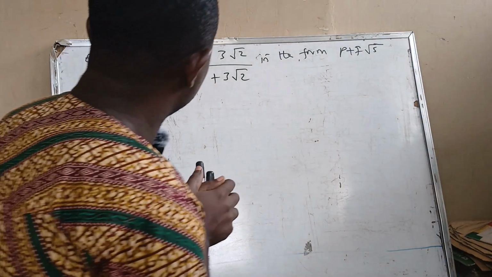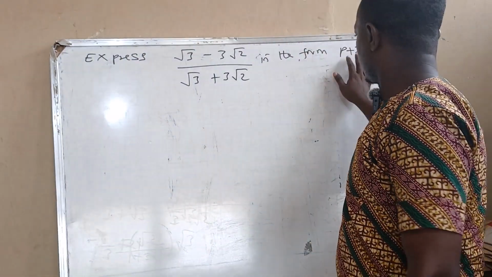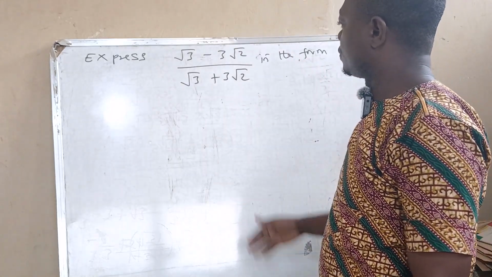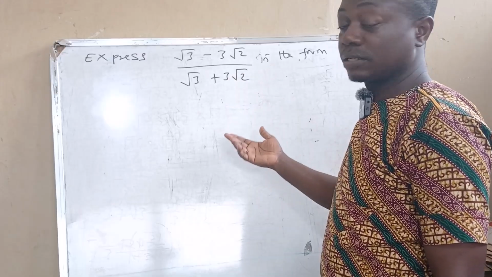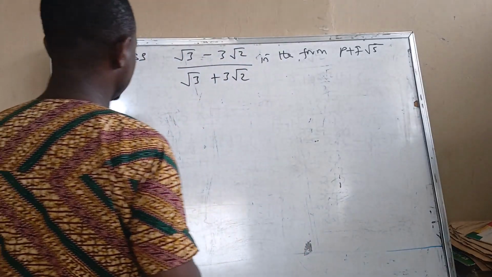Okay, so let's write this in the form of this. So as we go through the rationalization process, we need to rationalize this one here.